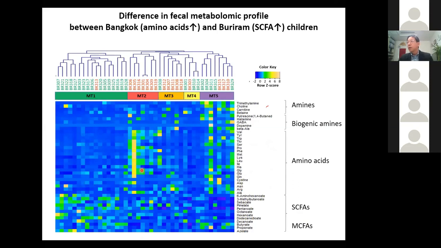Okay. And generally speaking, the short chain fatty acids are beneficial metabolites of gut microbiome. And so we can simply recognize the status of the gut environment of Buriram children is good because they produce a lot of short chain fatty acids.